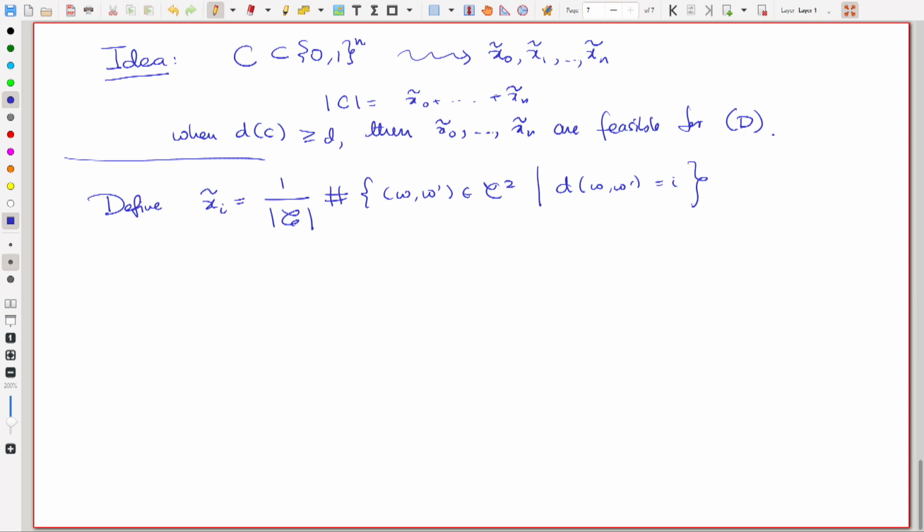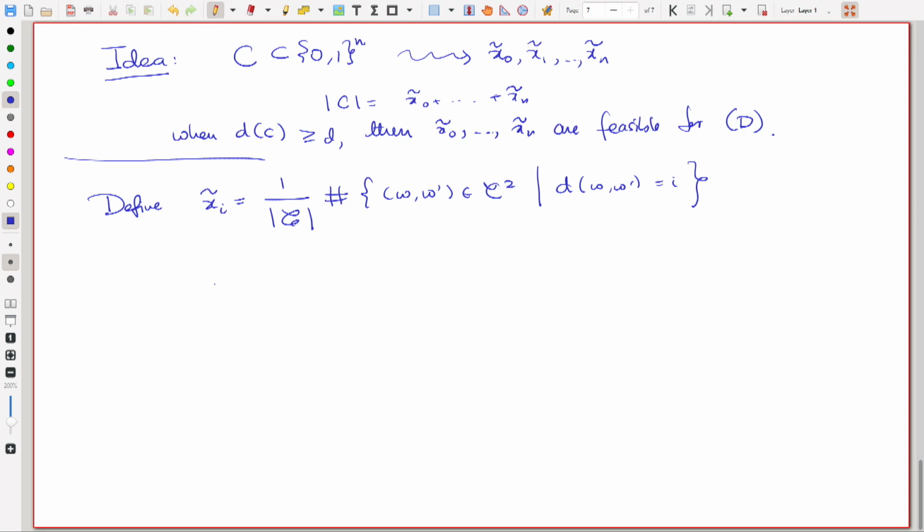I get all pairs (w, w prime) in C squared without any condition on the distance, divided by the cardinality of C. That set has cardinality |C| squared, divided by the cardinality of C, I get cardinality |C|, right. So, this is absolutely clear right away.